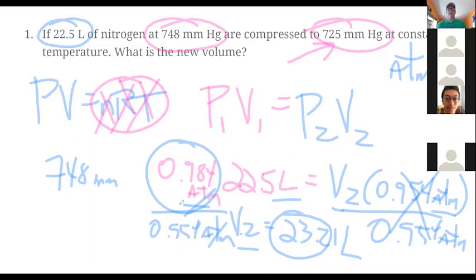You see what it is? The if? Nope. The constant temperature? Nope. Compressed. Compressed, exactly. Is this gas compressed? No. It's expanded, right? It's actually expanded.